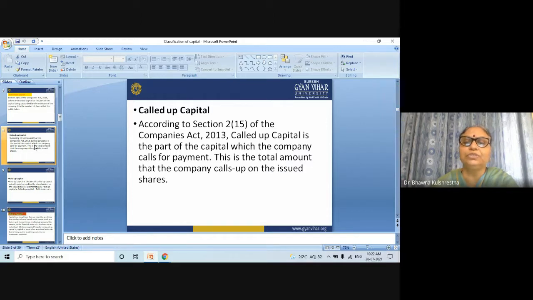This is the total amount that the company calls up on the issued shares.